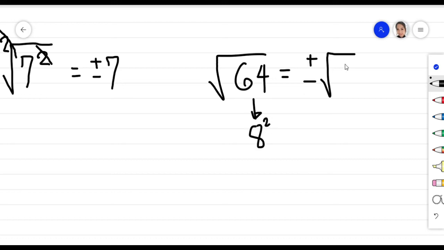So we can replace this with 8 squared since 8 squared is 64, and we know that there is an invisible index 2 on this corner. We can remove the radical symbol and the exponent inside since they are the same. So we are left with positive and negative 8. Thus, the square root of 64 is equivalent to positive 8 and negative 8.